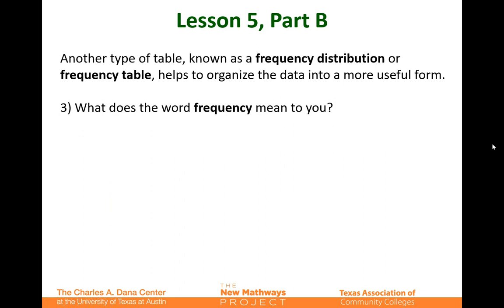Another type of table that we're going to look at is a frequency table. Basically the word frequency tells us, when I think of frequency, I think, how often does something happen, or does something occur? That's what I think about when I think of frequency.